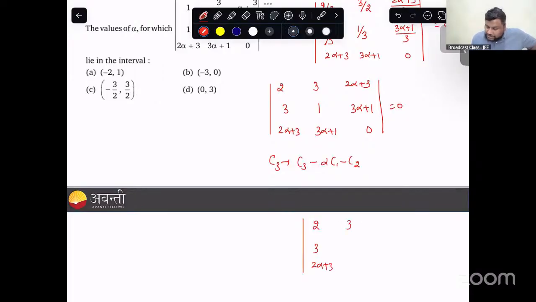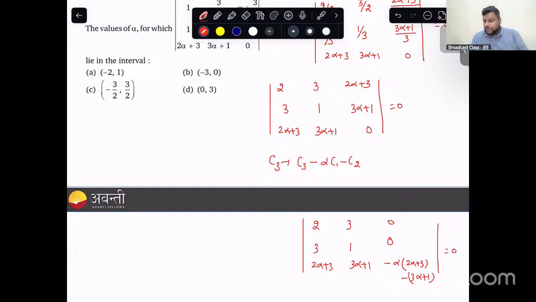C2, no change, 3, 1, 3 alpha plus 1. C3, if you write C3 minus 2 times alpha minus 3, it will become 0. This will also be 0. And this will become minus alpha times 2 alpha plus 3 minus 3 alpha plus 1.